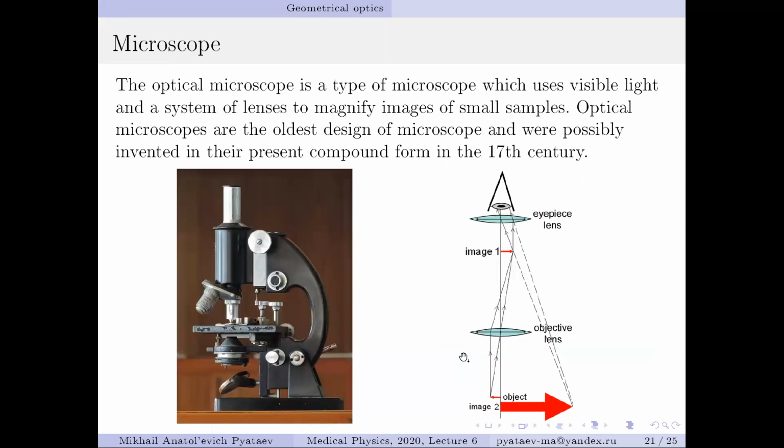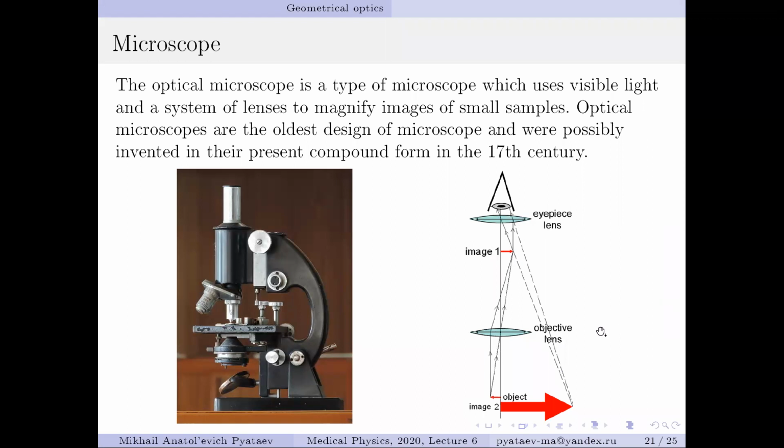So a similar principle is used in a microscope. The only difference is that the objective lens here has a short focal length, so it has a shorter focal distance than the eyepiece lens.